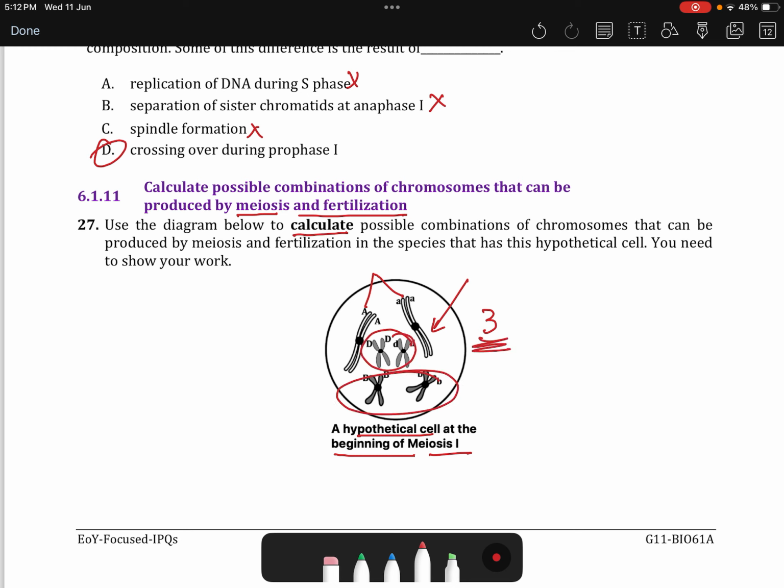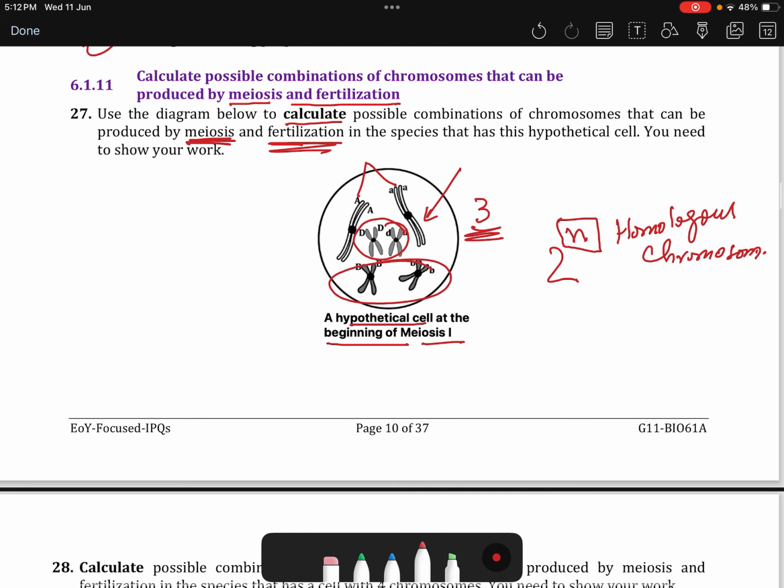So there are 3 homologous chromosomes, and the formula for this is 2 to the power n, where n represents the number of homologous chromosomes, because we are talking about both meiosis and fertilization together. So we will take the full number, not the half number.